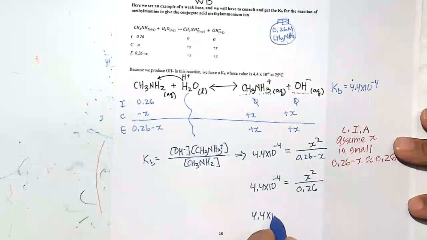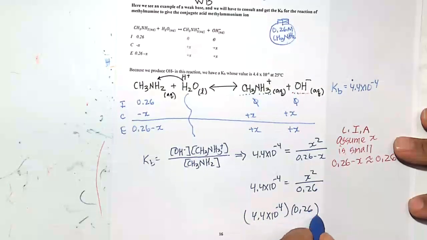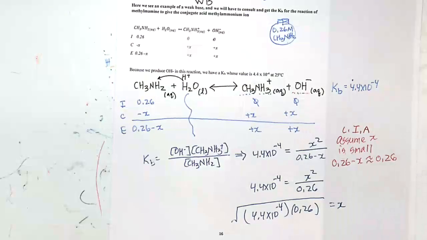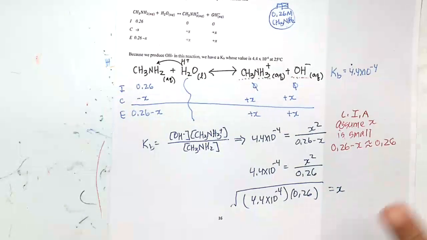So 4.4 times 10 to the minus 4 times 0.26. We'll square root that to give you x. And what is this on our calculator?